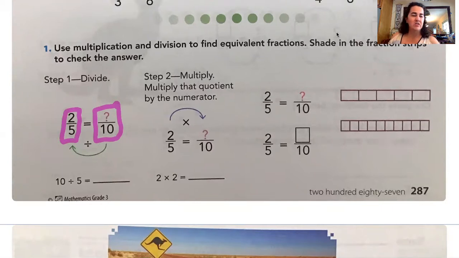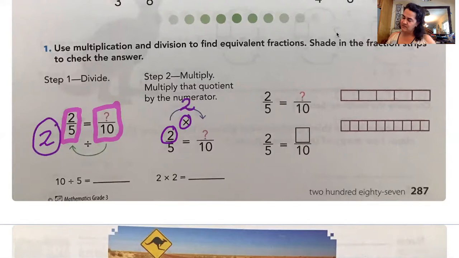Can you tell me, Giovanni? 10 divided by 5 is 2. Good. So then we're going to say 2, which is the numerator, times 2, which is the answer we got over here, is equal to what? What's 2 times 2, second grade? 4 is our answer, right?